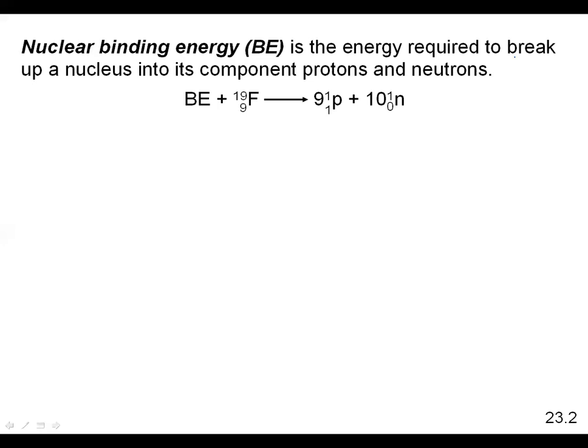And we get that from taking the mass number, which is the top number, 19, minus 9, which is the bottom number, the atomic number, and that gives us the 9 protons and the 10 neutrons. And we could calculate the mass defect.